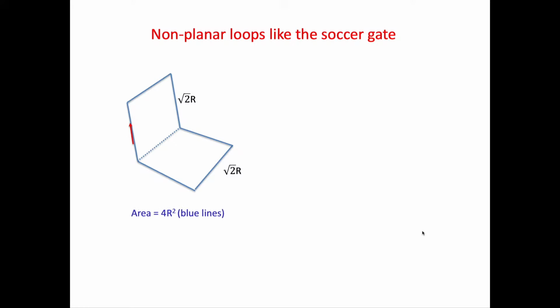Or that area is 4R squared? Or should I consider the projected area, for instance, of this soccer gate, which is now in more than one dimension? Actually, that's the area of the red dashed line, 2 square root 2 R squared.